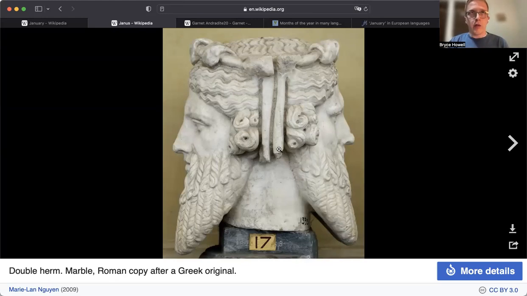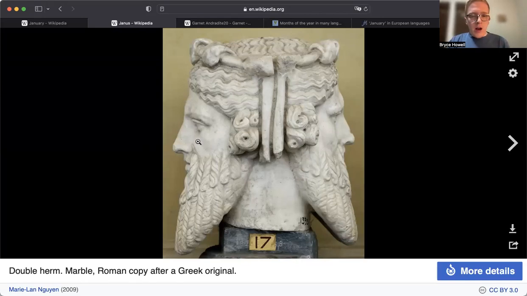I'm aware of a couple gods in the Indian pantheon which have multiple heads, but going back to Janus here, you see that he has two heads, and the significance of that is that this shows that Janus is looking both forward into the future and back into the past.